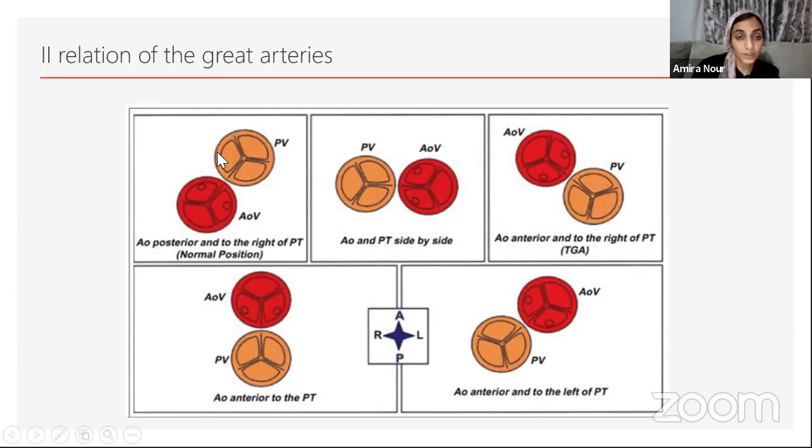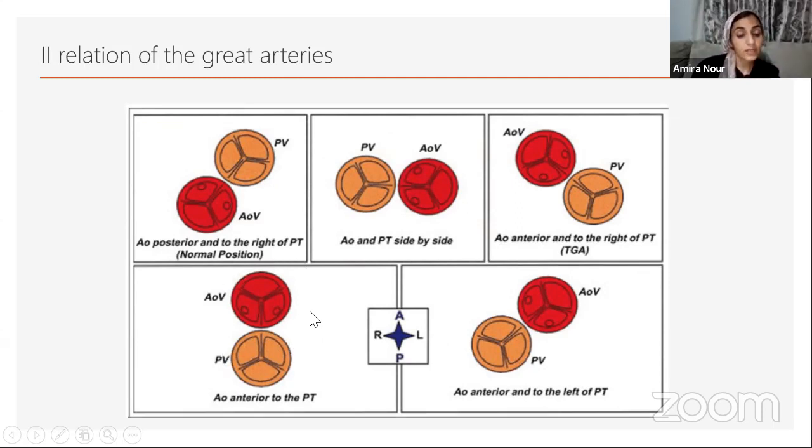Actually, we may have normally related great vessels, and this is commonly seen in patients with DORV subaortic VSD, or the great vessels may be side by side. We can see this type in patients with DORV subaortic VSD or DORV subpulmonic VSD. And we can see the malposed relation of the great vessels also in patients with DORV subpulmonic VSD, where the aorta is anterior to the right.